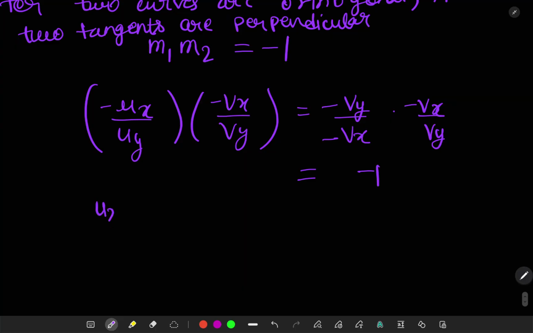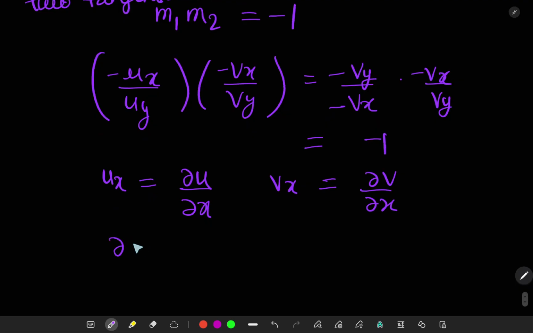Here ux is equal to del u over del x and vx is equal to del v over del x, uy is equal to del u over del y, and similarly vy is equal to del v over del y.